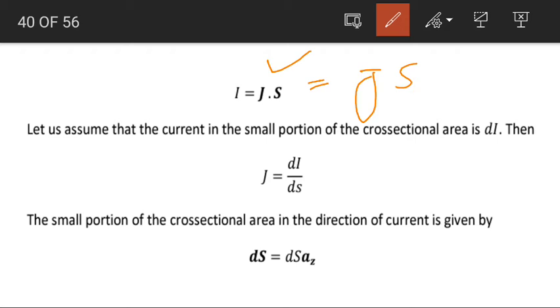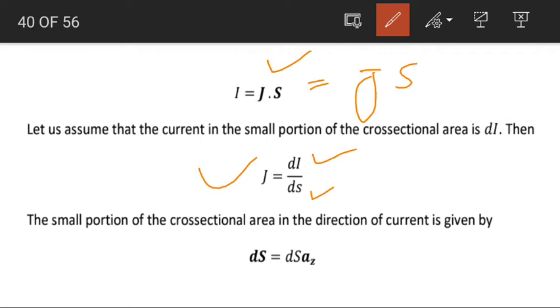We can consider a very small portion of the cross-sectional area, which is represented by ds, and we assume that the current in the small portion of the cross-sectional area of this conductor is di. So we can calculate the current density with the help of this equation as well.